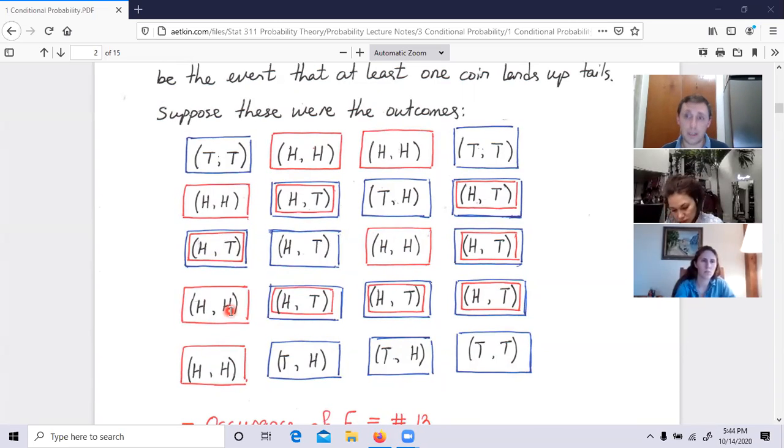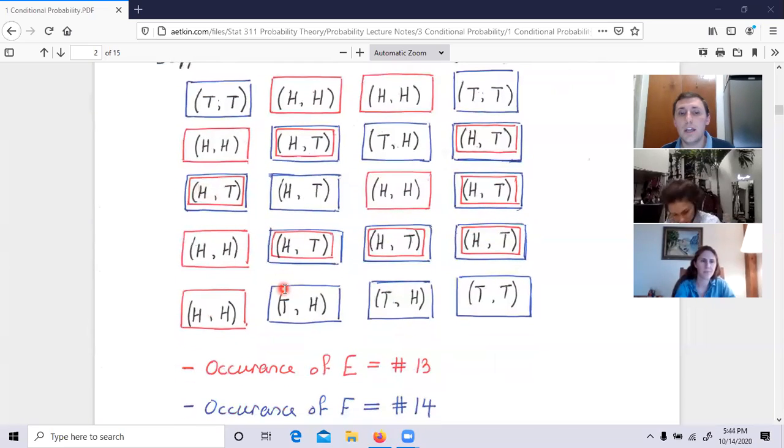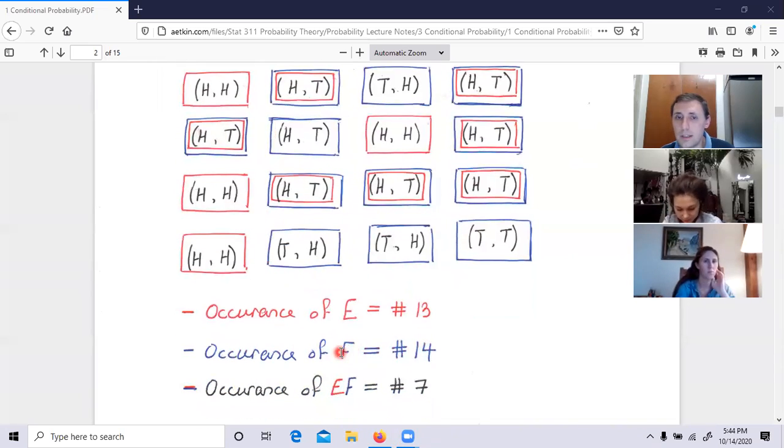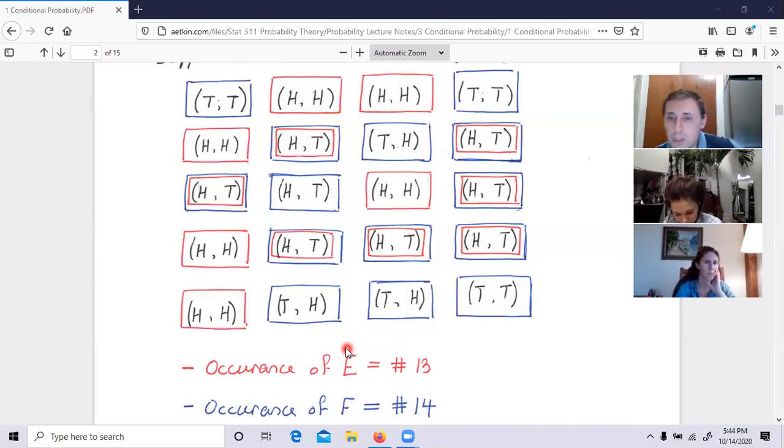I'm hoping I'm not losing you, especially at this very critical instance. We observed in this experiment that the number of occurrences of E is 13, so there are 13 red boxes, and the number of occurrences of F is 14. If I want to measure the occurrence of E within F, I delete everything that's not F.